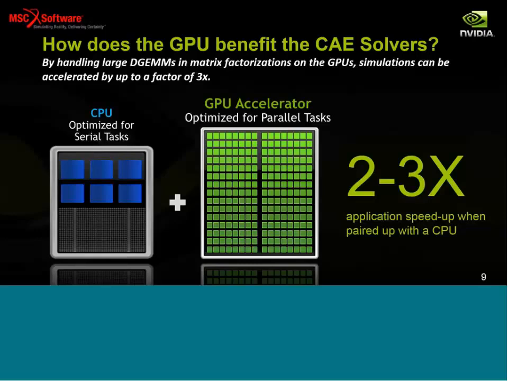Now, graphics is a highly parallel job, and GPUs are therefore great throughput processors using thousands of cores. CPUs, on the other hand, are latency optimized processors, and much of their design has been dedicated to making a single program go fast. While NVIDIA GPUs have historically been known for graphics, in the past several years, GPUs have evolved from just doing graphics to becoming more general purpose processors that can do scientific and technical computing.